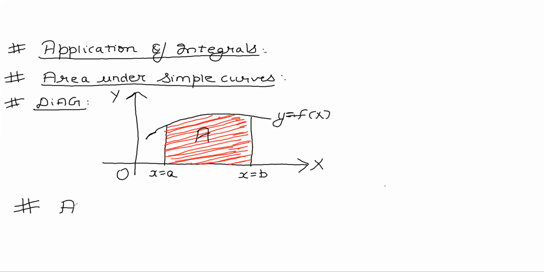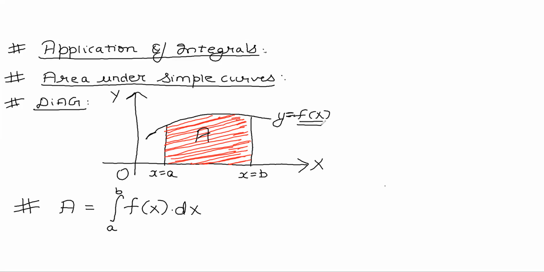This area A will be nothing but the integral from x equal to a to x equal to b of the function f of x with respect to x. I hope that is clear to all the students.